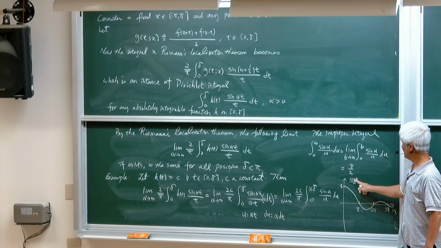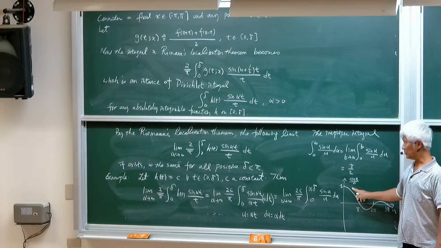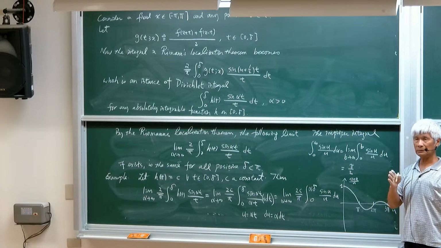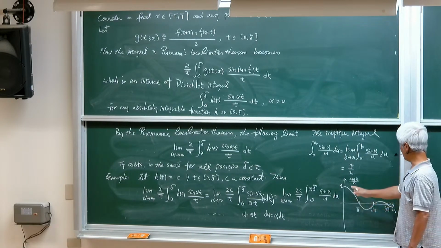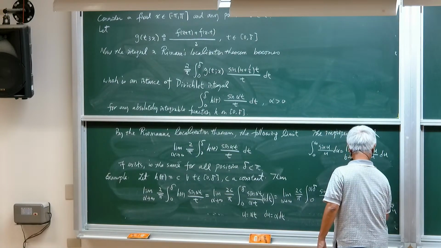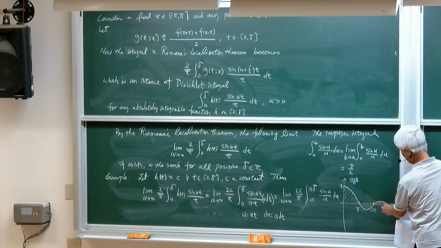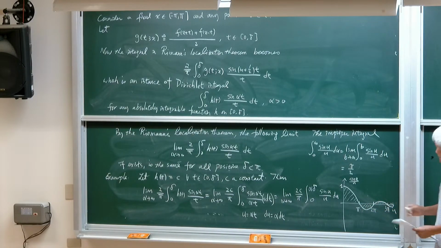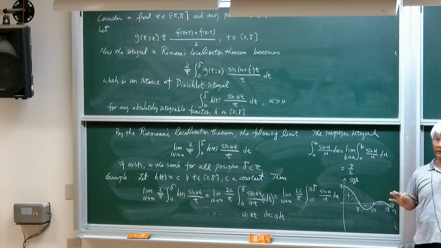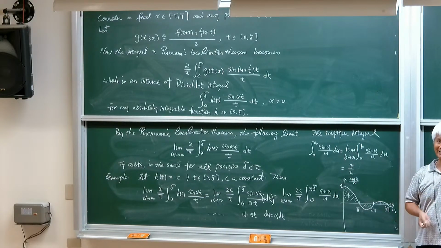Because the numerator is upper bounded by 1, but the denominator goes up, so the envelope goes in inverse proportion to u. Then if you integrate the area here, you see that this area is bigger than this one. This area is bigger than this one. So this is a plus, this is a minus, plus, minus, right? The overall area, after you do the integration, is pi over 2, a magic number here, okay?